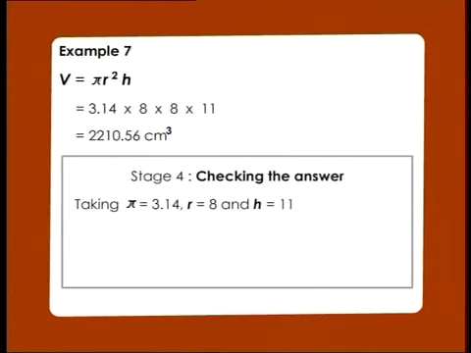Taking pi equals 3.14, r equals 8 and h equals 11. So, V equals 3.14 times 8 times 8 times 11 equals 2,210.56 cubic centimeters.